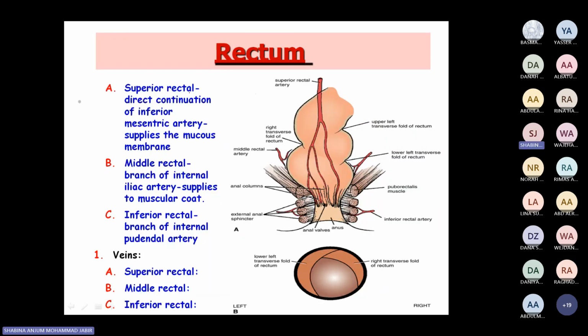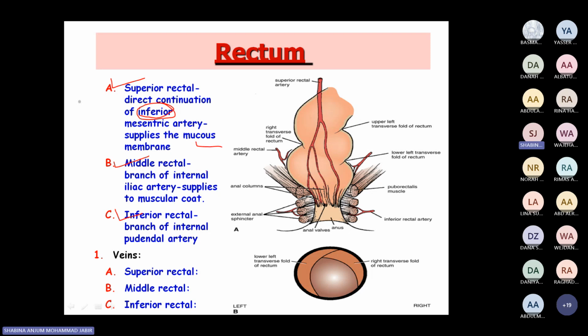What is the arterial supply? So it is a little complicated, you have three arteries: superior rectal artery, middle rectal artery, and inferior rectal artery. But if you see the origin of these three arteries, all are from different sources. The superior rectal artery is a continuation of the inferior mesenteric artery, and it will supply the mucous membrane.